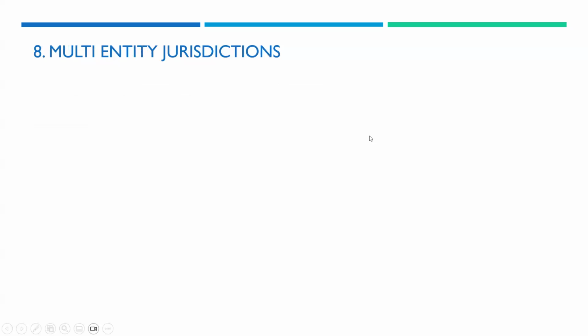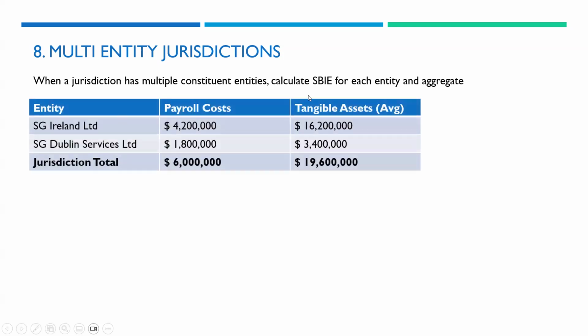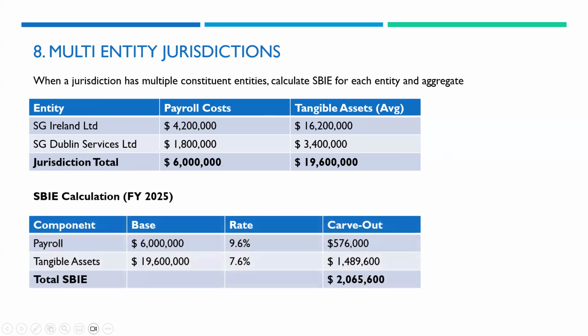Now, if a jurisdiction has multiple entities, you have to calculate SBIE for each entity and aggregate. Same logic. What they're trying to say is, if in the UAE you have five entities, you calculate for each entity and aggregate. Let's say this is Ireland, and there are two companies there. You take the eligible payroll cost and the eligible net assets and total them. The SBIE calculation is this total multiplied by the rate.